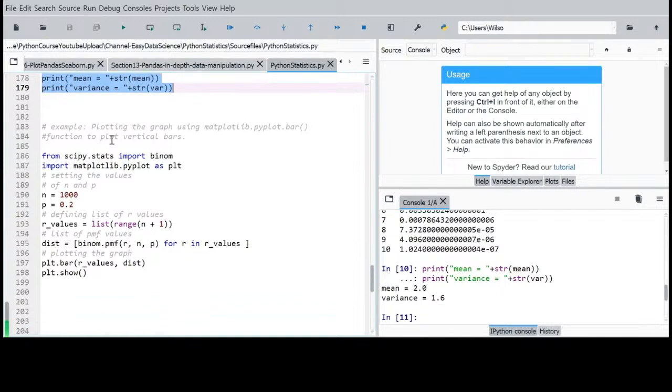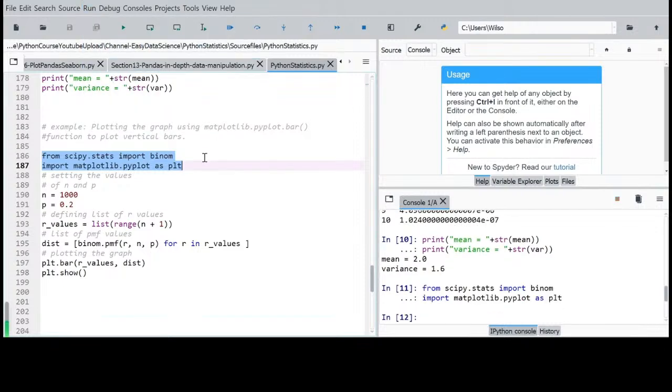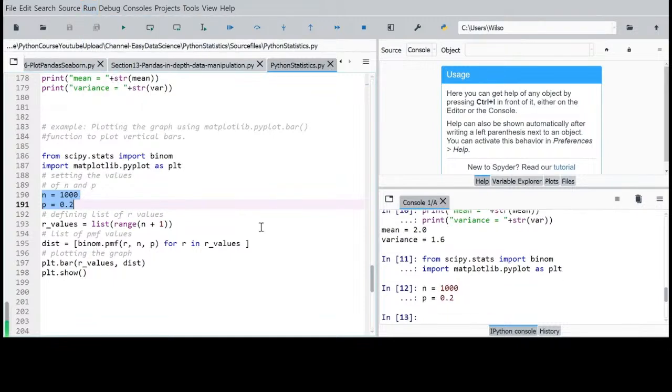So next example is showing plotting the graph using matplotlib pyplot bar chart for a number of binomial random variables. First we import binom and the matplotlib pyplot module. This time we set a large number with n equals 1000 trials, and the probability is the same as before, 0.2 for success rate for each trial.